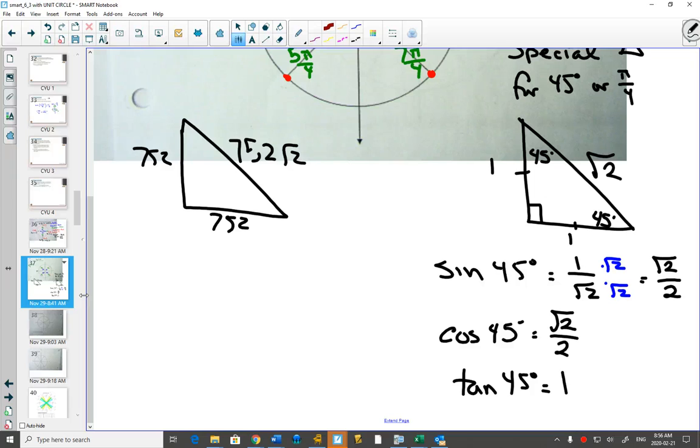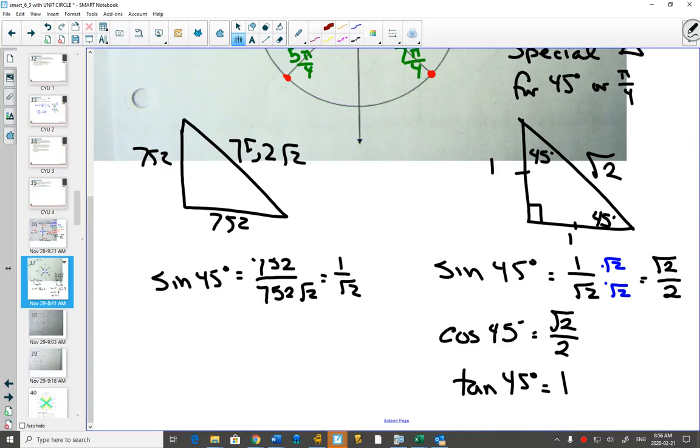Just for fun, if you happen to have used 752, then sine of 45 degrees would be 752 over 752 root 2. Can you see that your 752s would simplify? And you would get 1 over root 2, which is root 2 over 2, exactly the same.